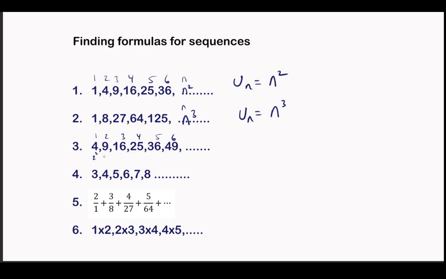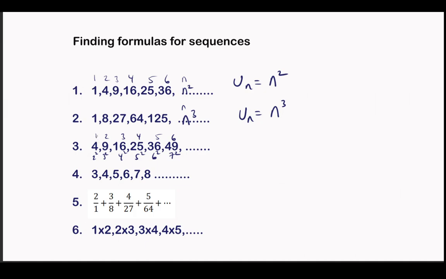The second number is 3 squared. The third number is 4 squared, 5 squared, 6 squared, 7 squared. Okay. So can you see that if I want the first number to be 4, I'm going to have to do 2 squared. And to get the second number, I'm going to have to do 3 squared. Third number has to be 4 squared.